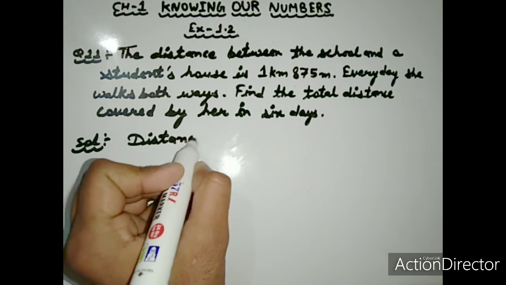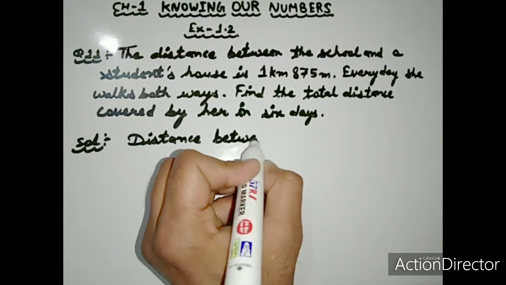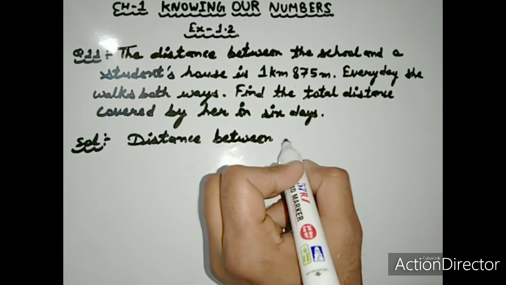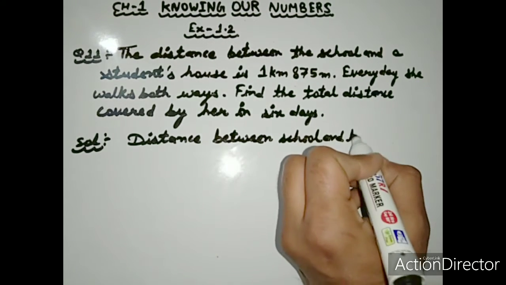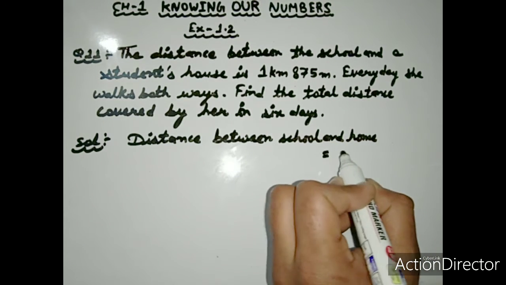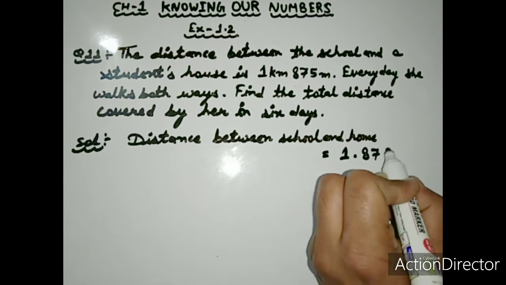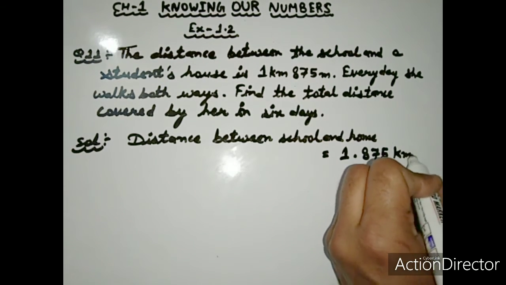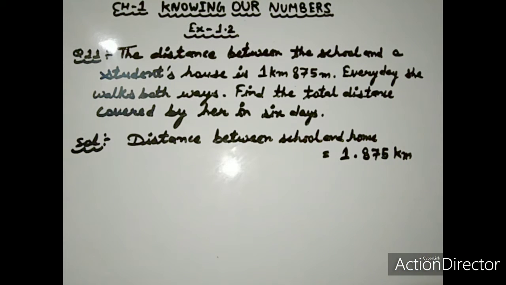So distance between school and home is equal to 1.875 kilometer. So here see again, she comes back the same way.